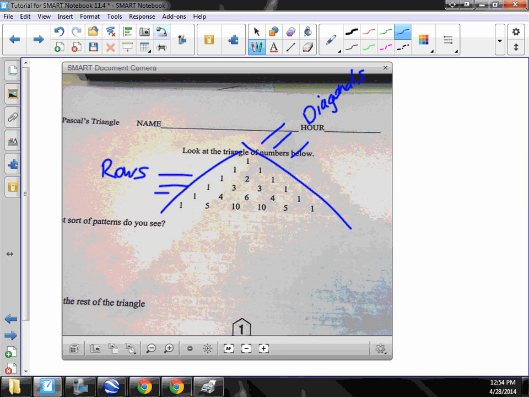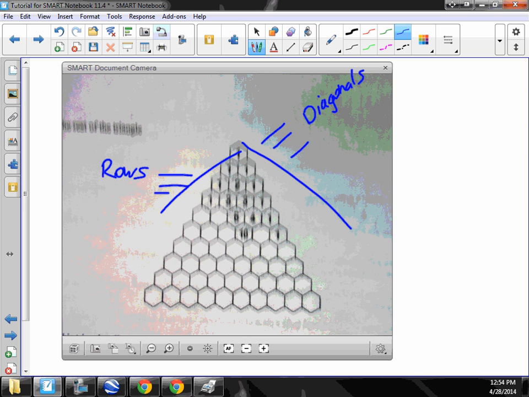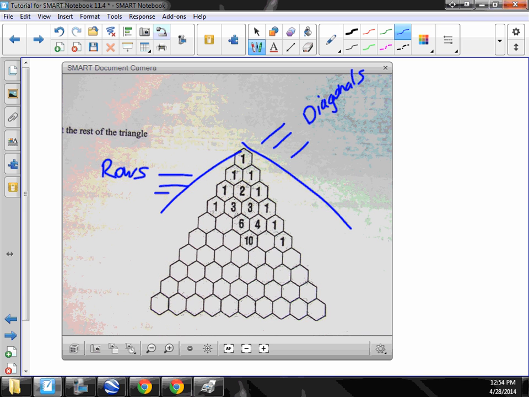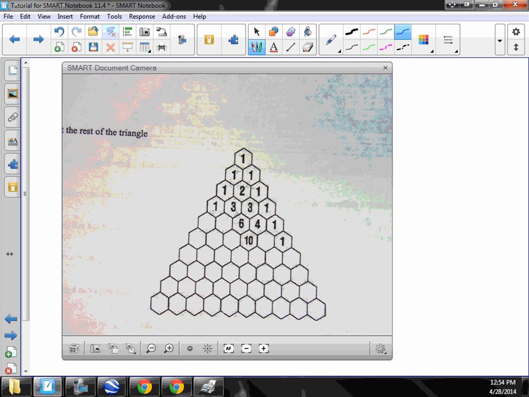How can you generate new numbers? So if you look down at your chart, what's the pattern to create numbers? Good. So 3 and 3 make 6. 1 and 3 make 4. And then these are always ones. So this pattern is 1, 2, 3, 4, 5, 6, 7, 8, 9. What's this number going to be? 10.